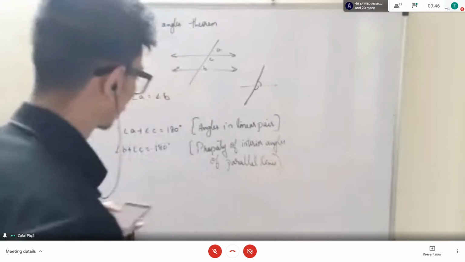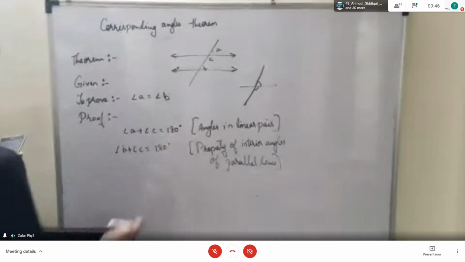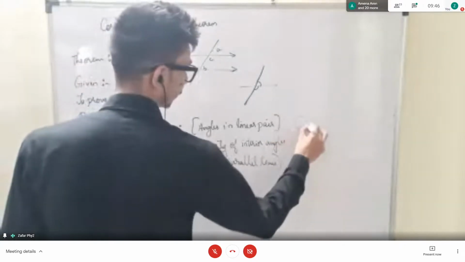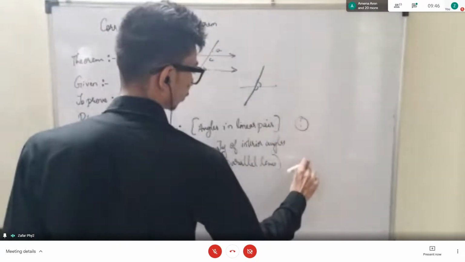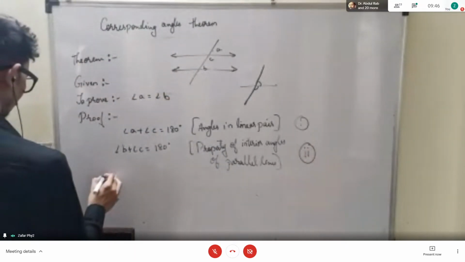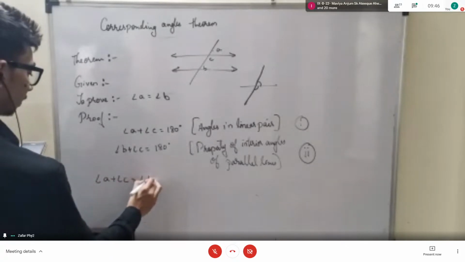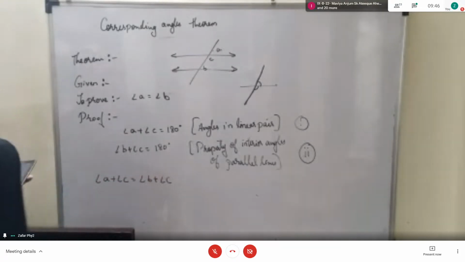Right? This is given. So I can say both are 180, na? This is your equation 1. This is your equation 2. Okay, so from 1 and 2, I can say angle A plus angle C is equal to angle B plus angle C.